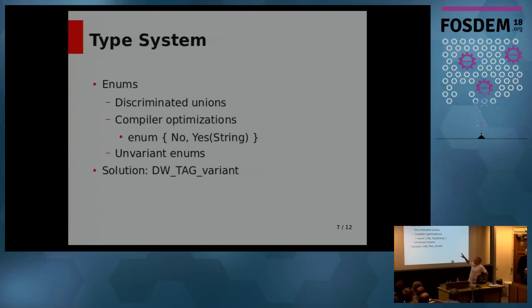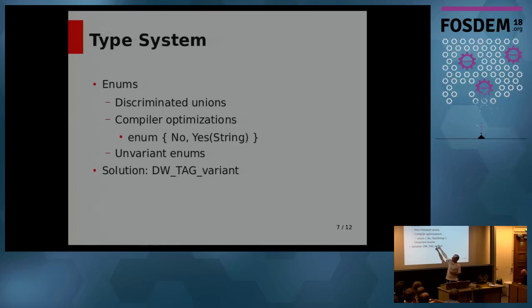Now Rust does some optimizations with enums as well. Like, for instance, this enum: no, and then yes holds a string. Well, no doesn't carry any data, right? I forget what the word for that is. And yes carries a string with it.